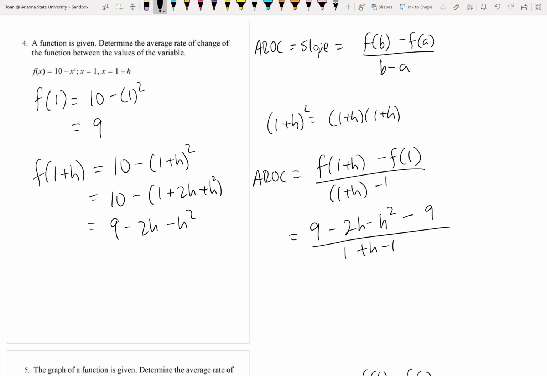So hopefully a lot of things cancel out. The 9s are gone. The 1s are gone. So we end up with negative 2h minus h squared over h. Hopefully we can see that I can cancel out 1 h from all terms. So that gives us negative 2 minus h.